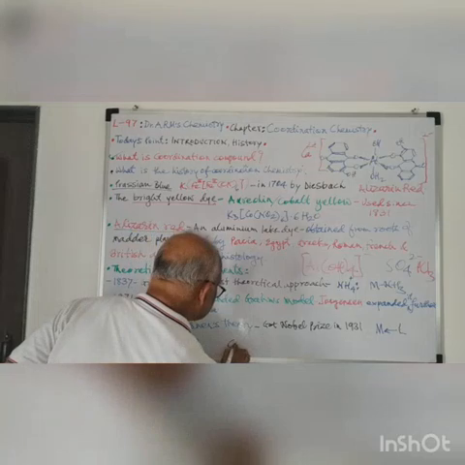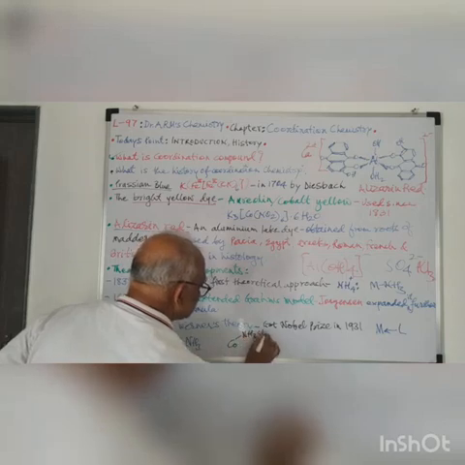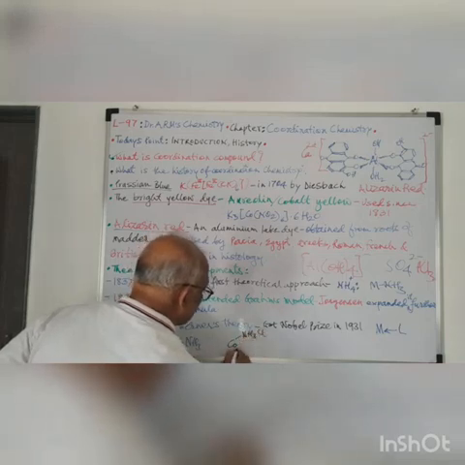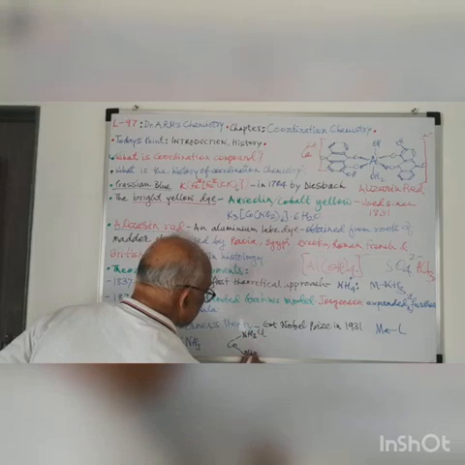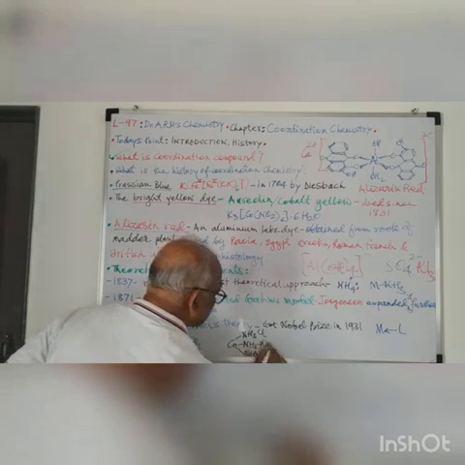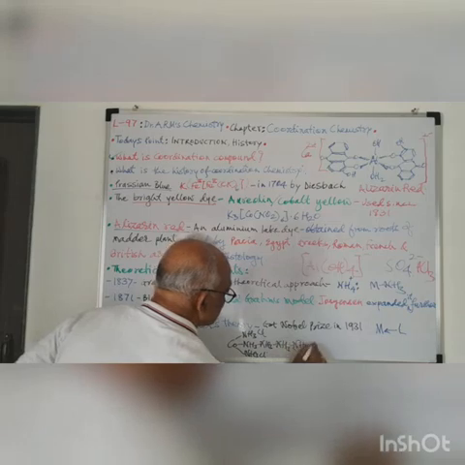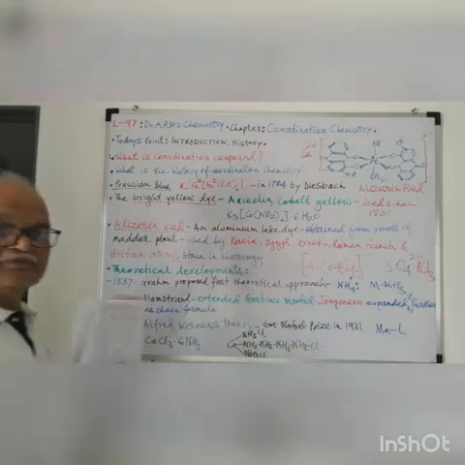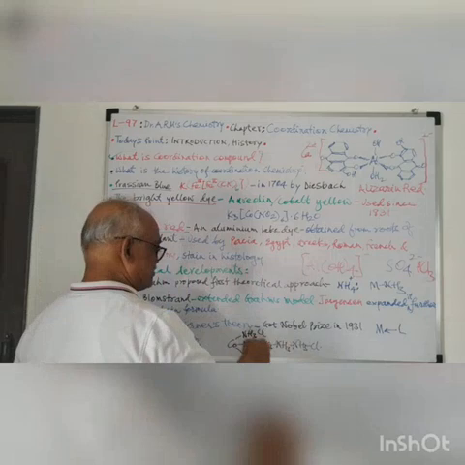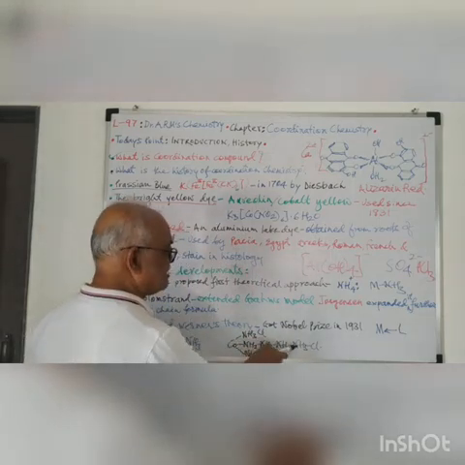where he showed that this is cobalt metal. It has NH3Cl. Another here is also NH3Cl, and in between there are NH3, NH3, NH3, NH3 and Cl. So he proposed a chain-like structure in which you will find that each nitrogen is pentavalent.